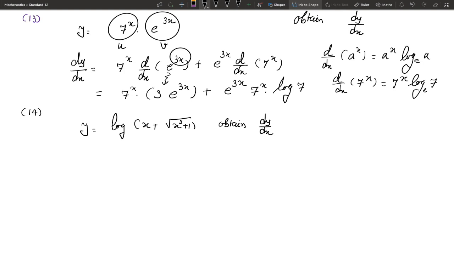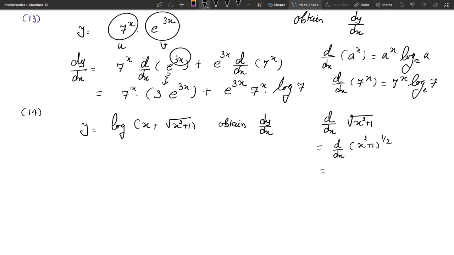So here first you observe this derivative separately, d by dx of, frequently we have to use this one, root of x square plus 1. So actually when we differentiate this thing, this is d by dx of x square plus 1 raised to 1 half, okay, root means 1 half.